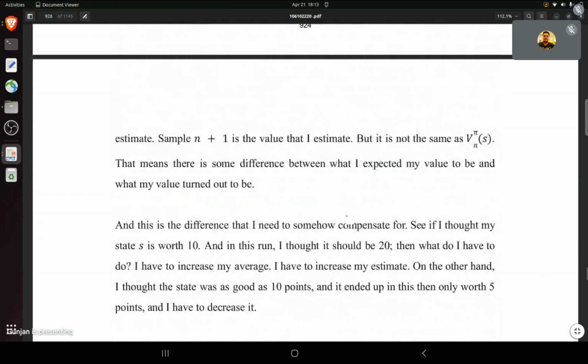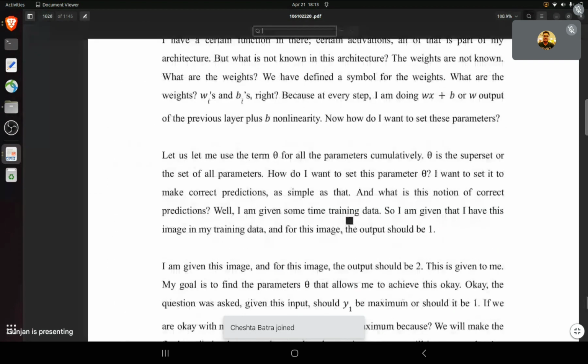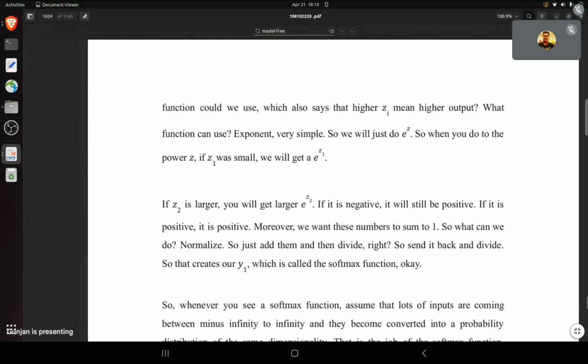No, no, I remember it because... Let me go to that example only.